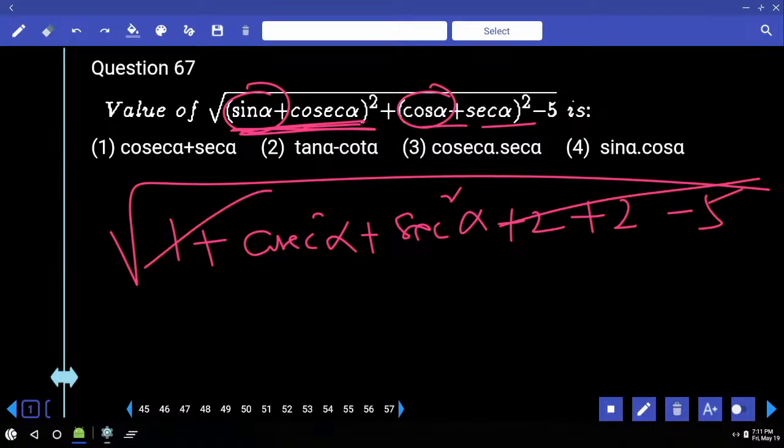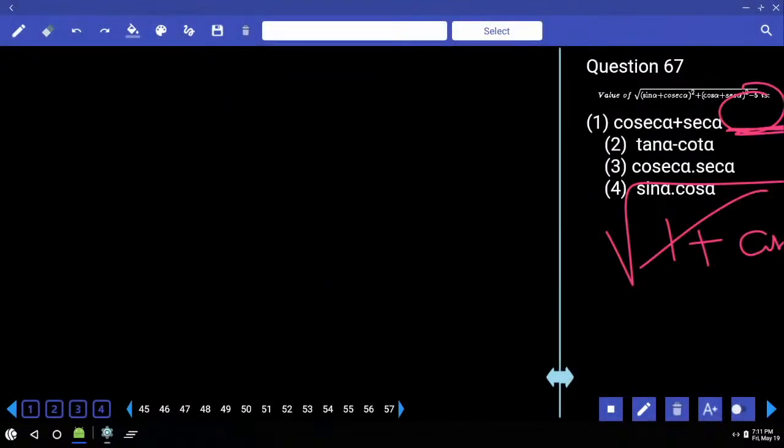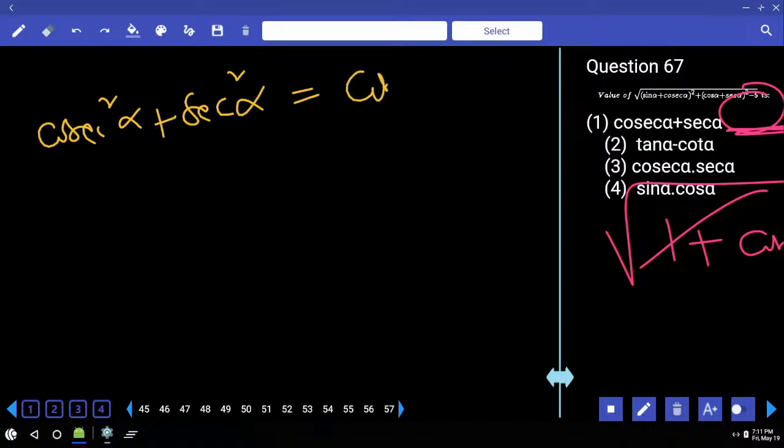Cosecant square plus secant square is nothing but cosecant square into secant square. Do you know this? This point is very important in trigonometry. Cosecant square plus secant square equal to cosecant square into secant square.